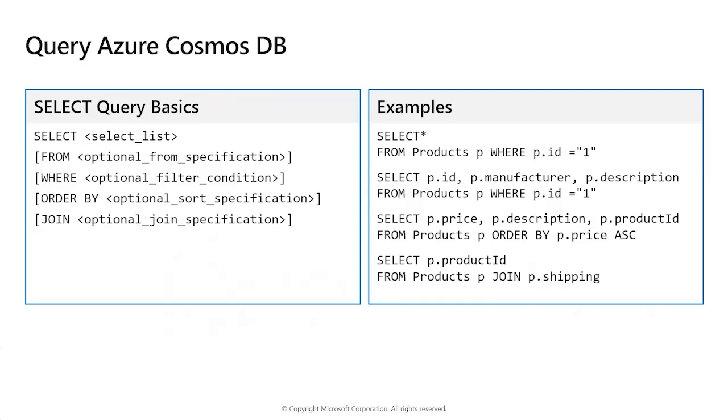Now, just to understand a bit of the core SQL API, we have a select clause. So the select clause starts with the select keyword, followed by a comma-separated list of properties to return. The star usually means all the properties in the document. The from clause starts with the keyword from, followed by an identifier, which represents the source of the records.